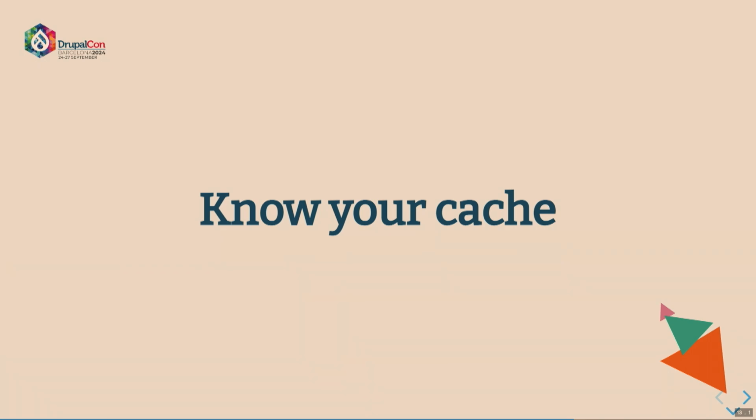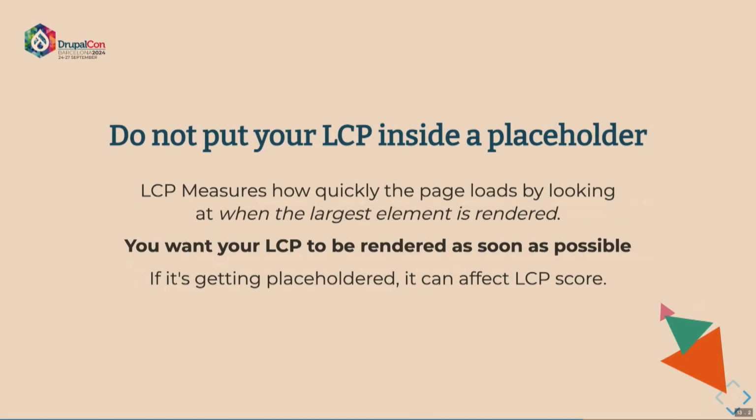Second thing we can do, know your cache, know what you're doing, and adapt your settings and your code to your site specificities, okay? For example, what can happen with the largest contentful paint? The largest contentful paint is measuring speed by looking at the largest element on the page and seeing when it's loading, okay?